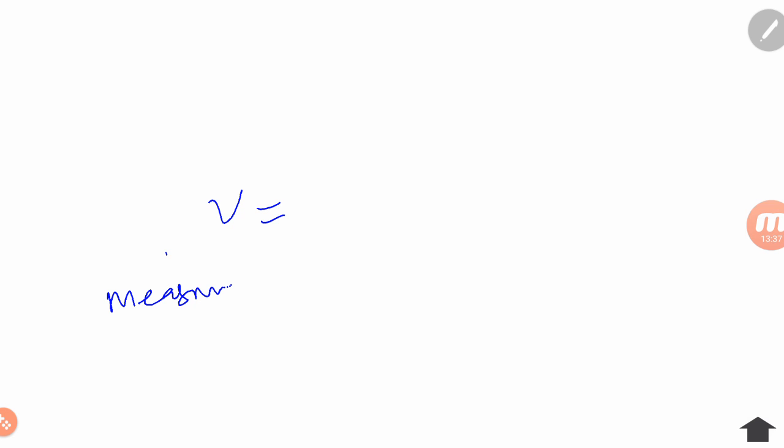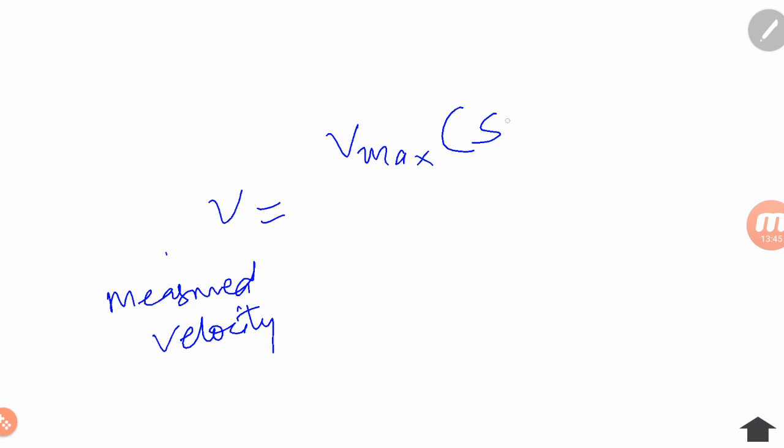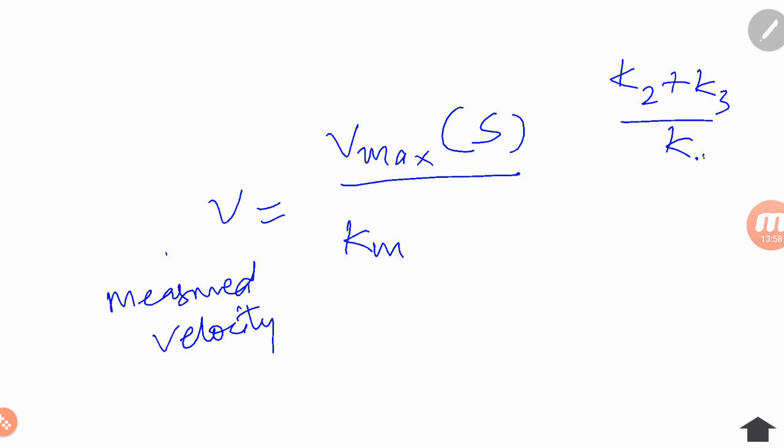If you are measuring the velocity of an enzyme at a particular point, that gives the measured velocity. V is equal to Vmax, the maximum velocity, into S, where S is the substrate concentration, by Km. You know that Km is equal to K2 plus K3 by K1.